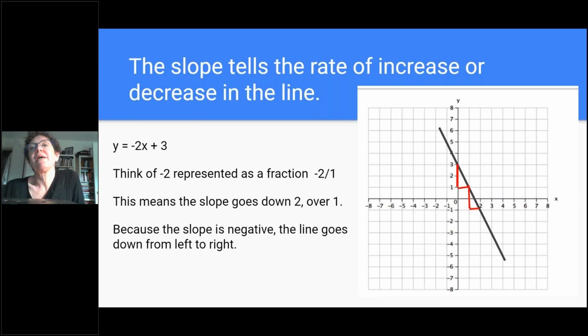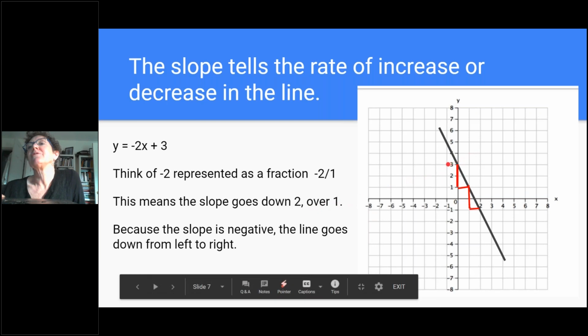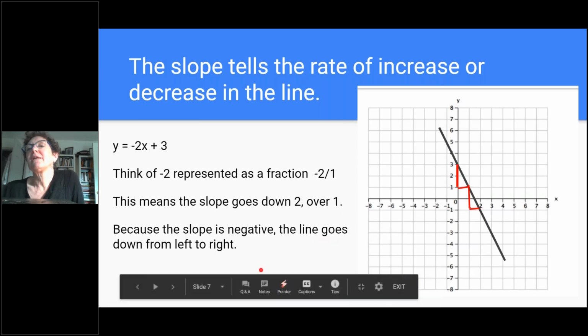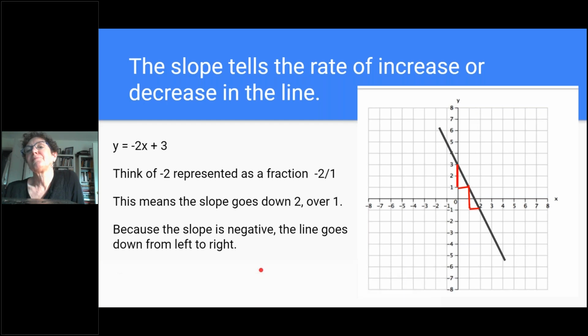So we might be going down. In this case, we start here where it crosses the y-axis and we go down 2 over 1, down 2 over 1. Because the slope is negative, our line is going to go down from left to right.